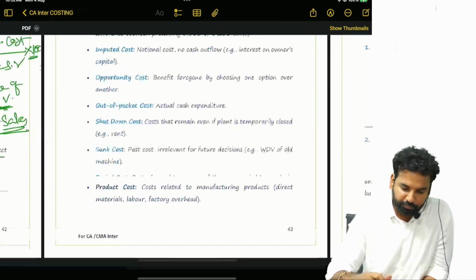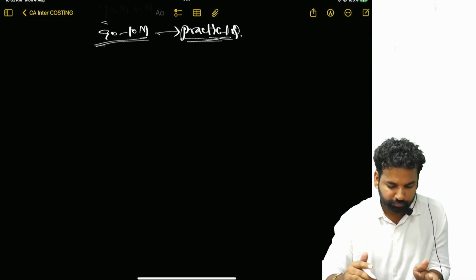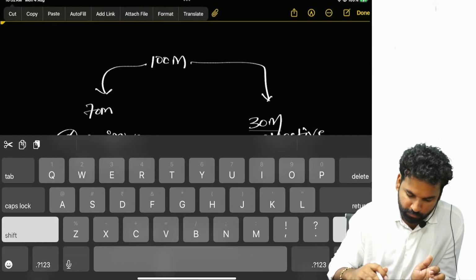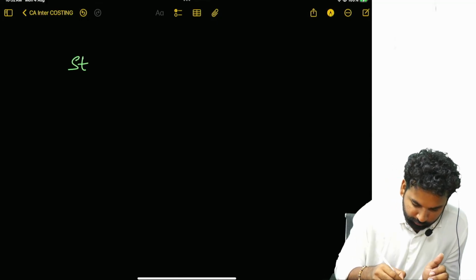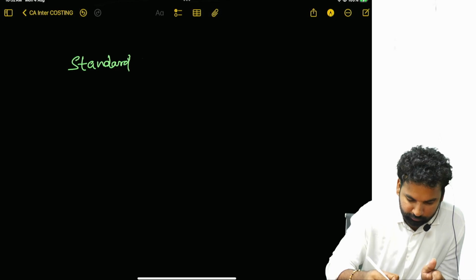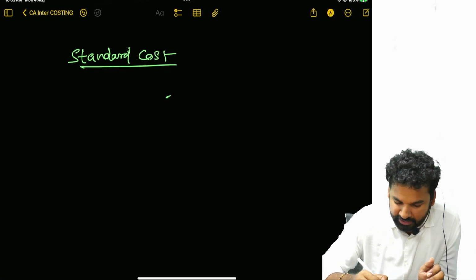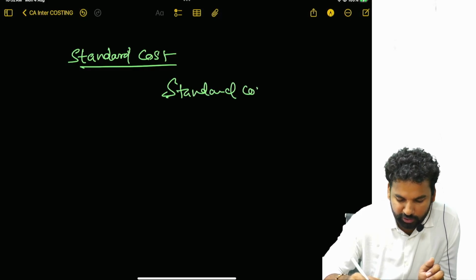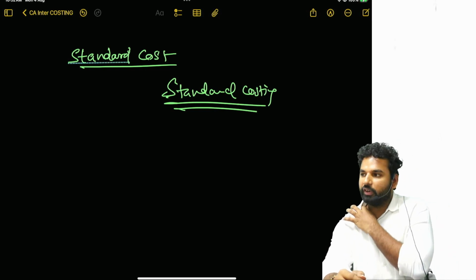So standard cost is there now. See, we have a separate chapter for standard costing, where you will analyze the variances.